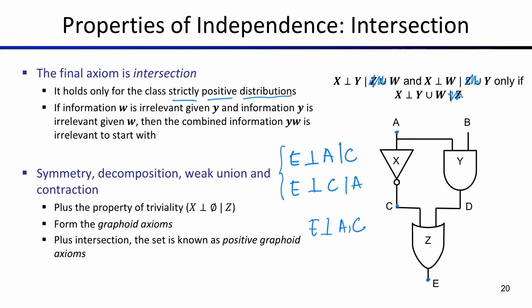I cannot say that E is independent from this side of the circuit, right? So clearly the intersection property took us to an incorrect result, but it only happened because we are working with a circuit that has deterministic probabilities.